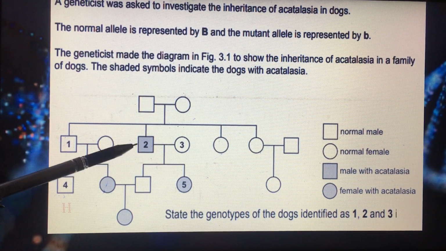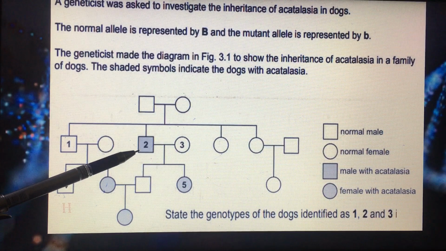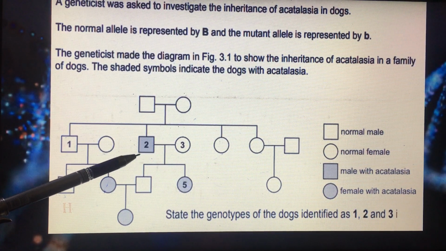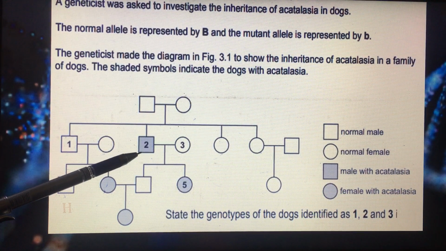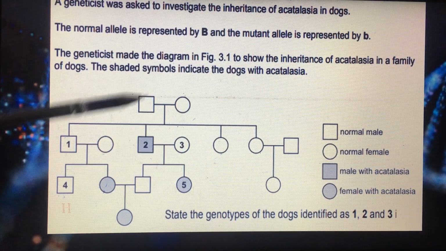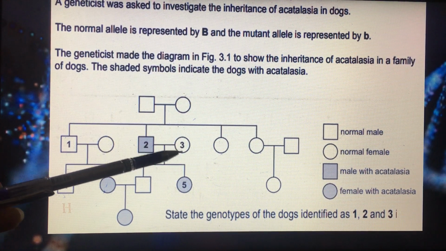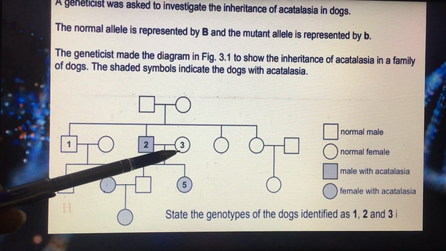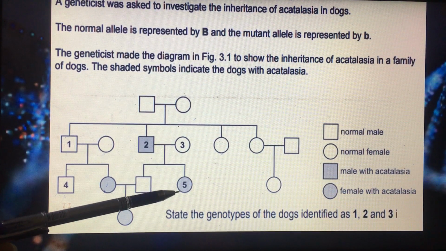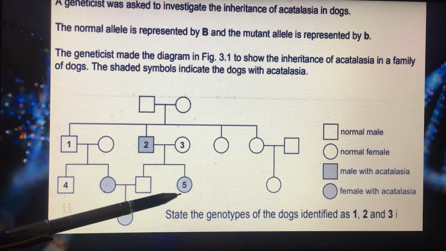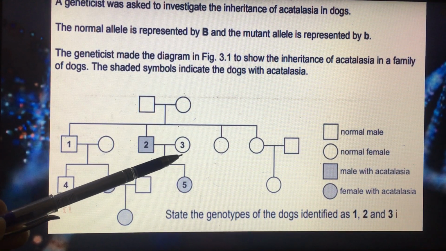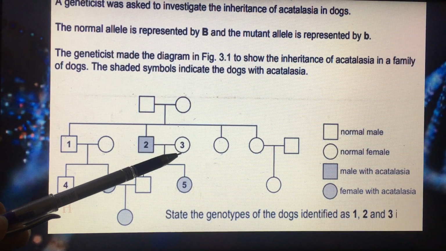Now, as we said that number 2, because it's shaded, so it's recessive, so it's B small, B small. When B small fused with any gamete to produce also recessive, so one of the gametes should be B small.